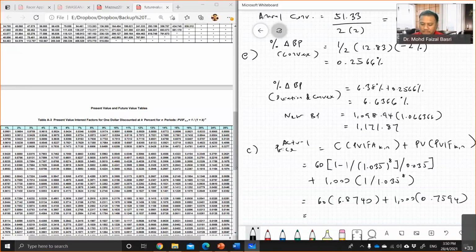Therefore, 60 times 6.8740 plus 759.4, here we have 1172.38. Again, there is a slight difference between the price.